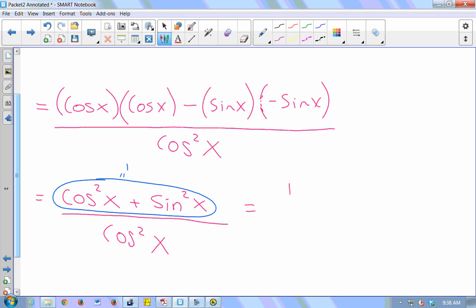So I have 1 over cosine squared, and the reciprocal of cosine is which trig function? Secant. So I have secant squared x as my derivative of tangent.